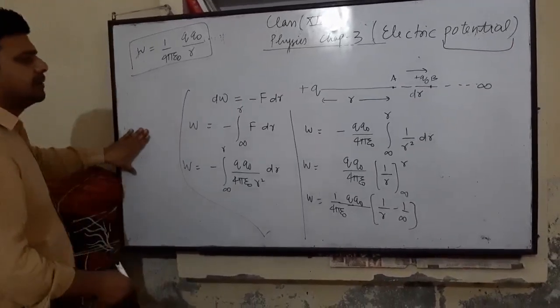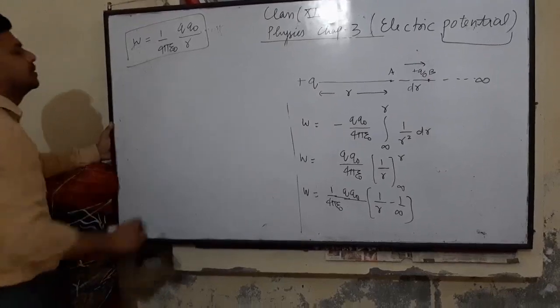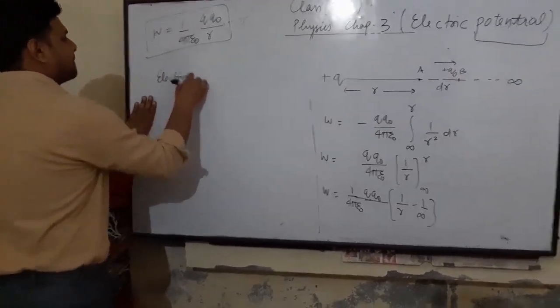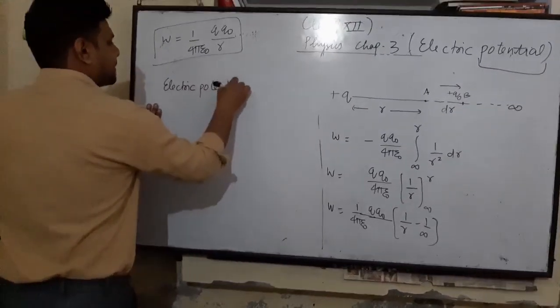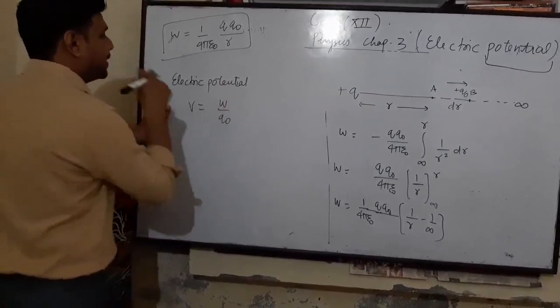Now we want to calculate the electric potential. The electric potential is given by V is equal to W over Q naught, as we know.